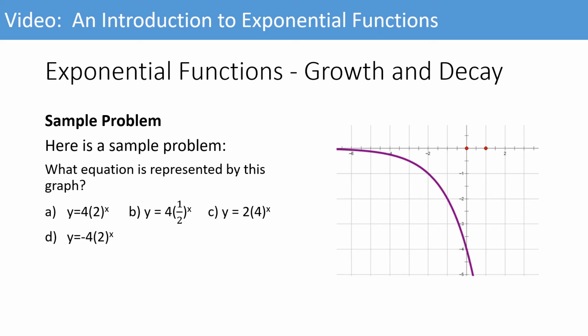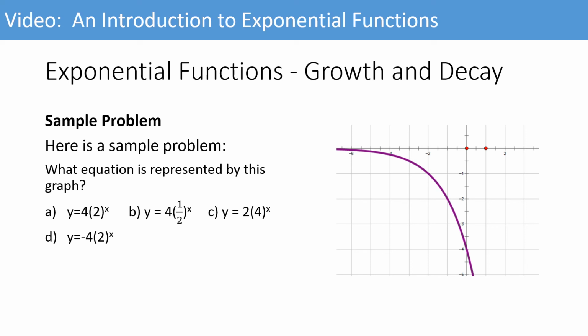Well, first of all, we know that it's below the x-axis, so it can't be a positive number in front, for example 4 in A, or 4 in B, or 2 in C. It has to start with a negative number. So what's the only equation it can be? D, negative 4 times 2 to the exponent x.